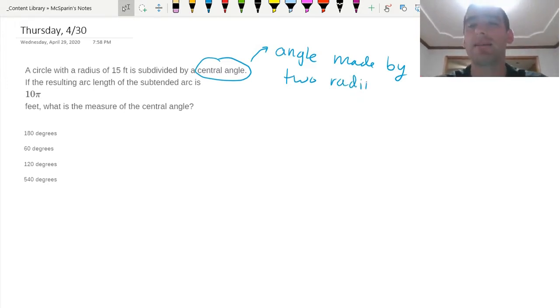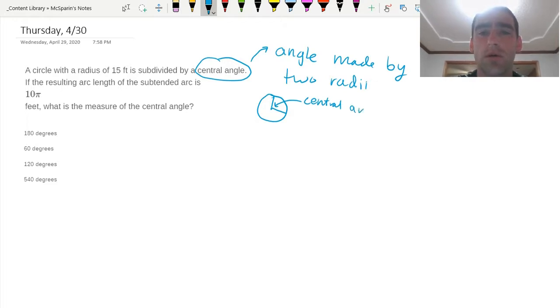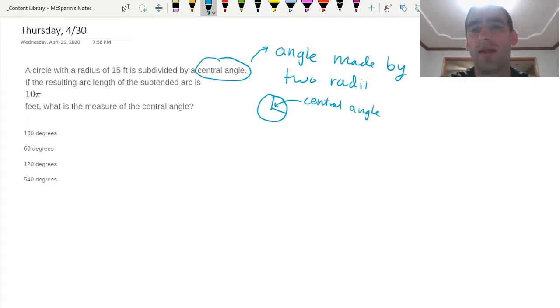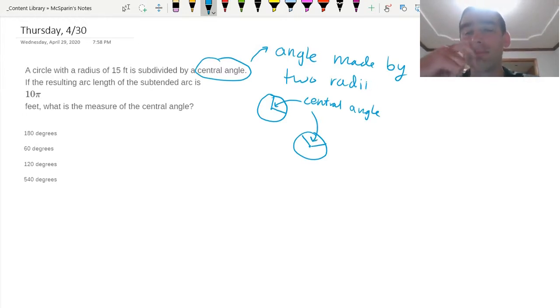Now, that might seem complicated, but if you think about it, it's just like if you have a circle, that is a central angle. And then there can be lots of different types, so there could be a much bigger central angle. So an angle that is made inside of a circle by two radii, that's a central angle.